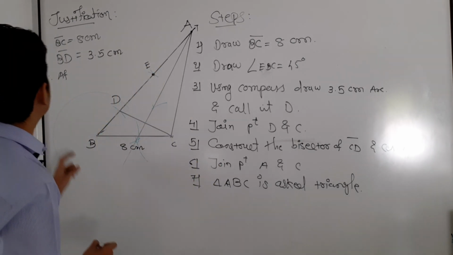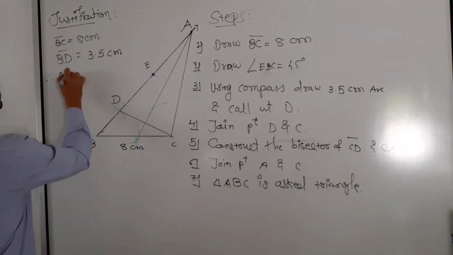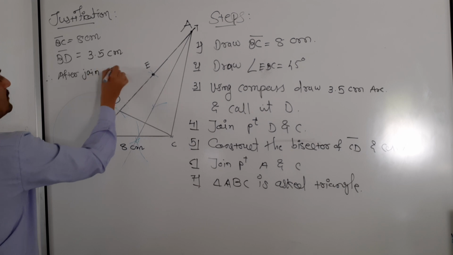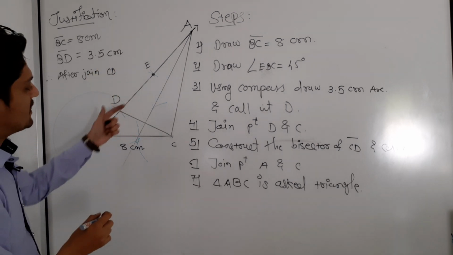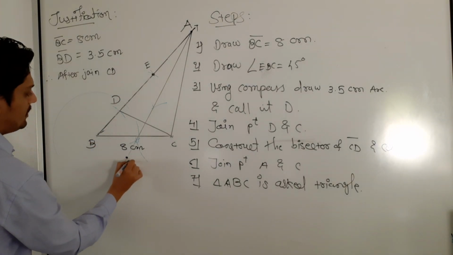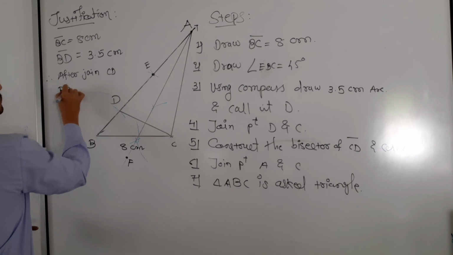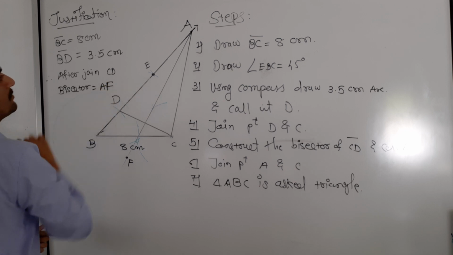Then here we have to write after joining CD, its bisector is A and some name here we can give, AF. Bisector is equal to AF.